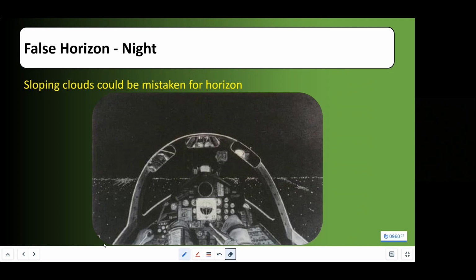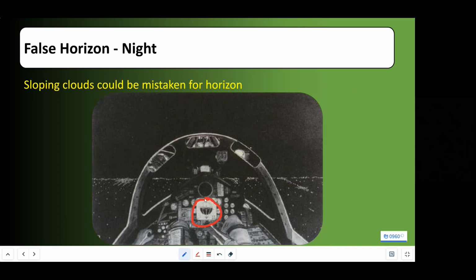Here's another example. Because of the sloping cloud deck, the pilot doesn't have enough details. So the brain's starting to interpret the horizon a little differently. Again, we see a line of lights here, and that's what the brain is interpreting as the horizon. And when we look at attitude indication, it does look like the wings are level in this situation.